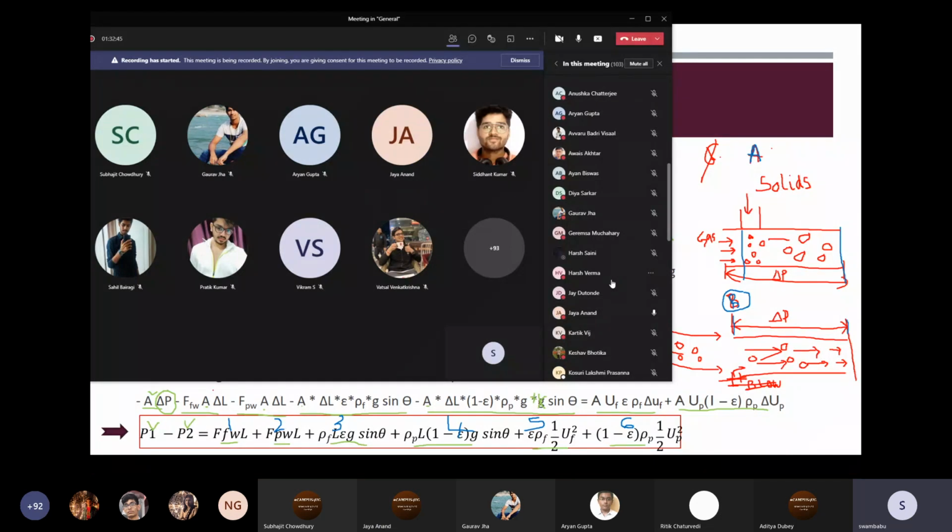So in case B, what are we doing? What do we need to find out? Can you explain? So the third and fourth terms, both of them will be zero, and the sixth term will also be zero, because we are not giving any velocity to the particles. Right. What about the fifth term?